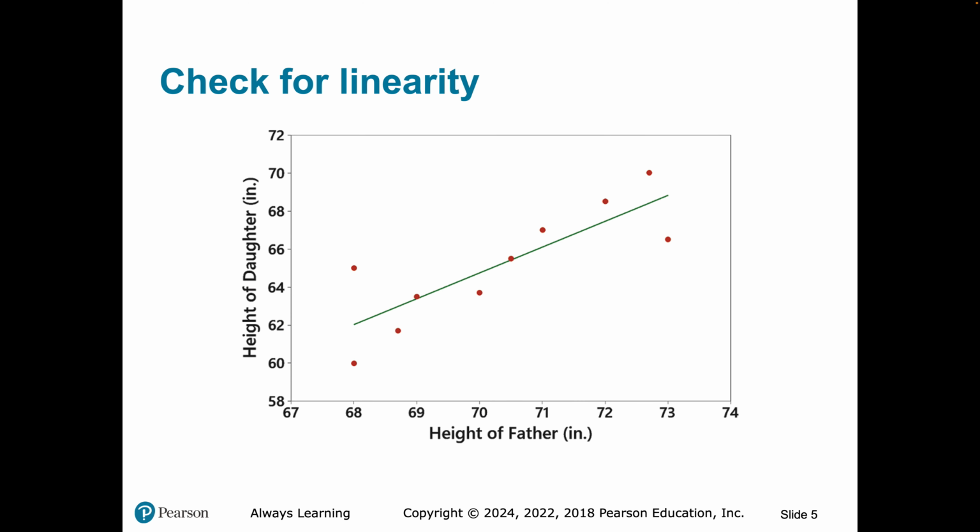If we were looking at the relationship between the height of a father and the height of the daughter, I would want to look at these red points and visualize this green line, which wouldn't be there at first, and say, is there a linear pattern? If there's not a linear pattern, then we don't need to be fitting a linear regression model. There's a model out there that would work, it's just not the linear model. But we need to eyeball it and make sure that linearity can be assumed and a linear model is appropriate.